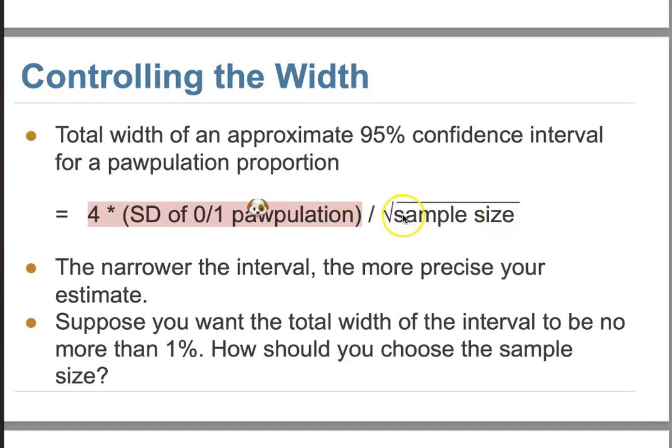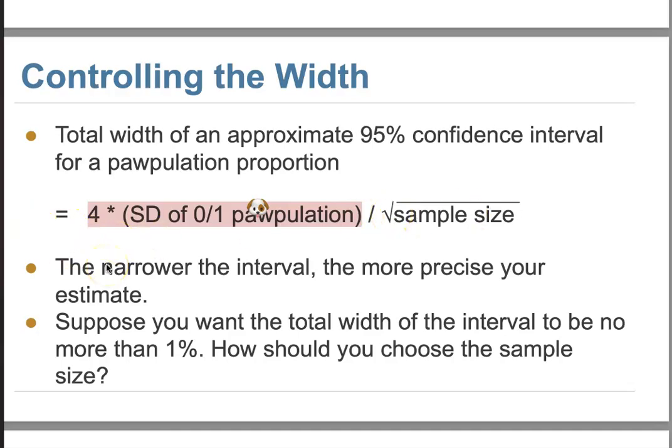Our sample size is a square root. Since the standard deviation of the 0-1 population is at most 0.5, you can do 4 times 0.5 divided by the square root of the sample size. Then we can get our interval.